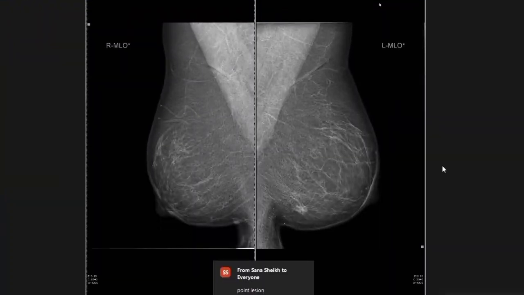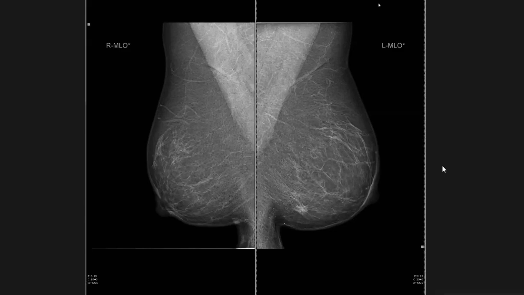These are the medial lateral oblique views of the right and the left breast. The breast parenchyma are predominantly fatty. First I'm looking at the chest wall. The soft tissue of the chest wall appears normal, and I do not see any enlarged lymph node in this region.